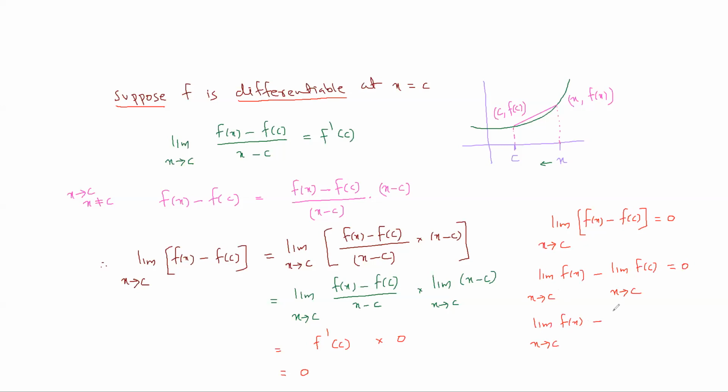The limit of a constant is the constant itself, so it is f of c itself, is equal to 0. Or you can say that implies the limit of f of x as x approaches c is equal to f of c. And that is nothing but the definition of continuity. The limit of a function as x approaches c exists, and that is equal to the value of the function at c.